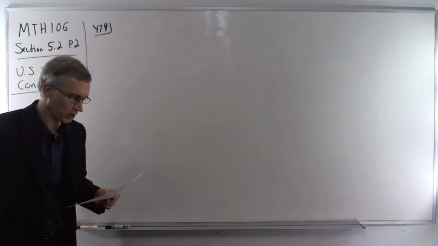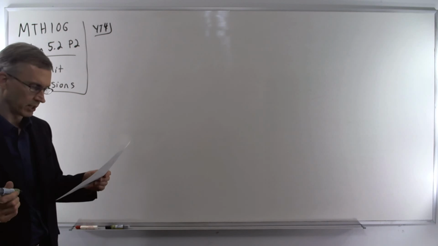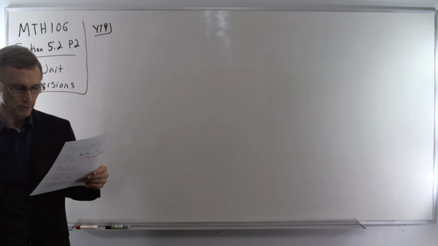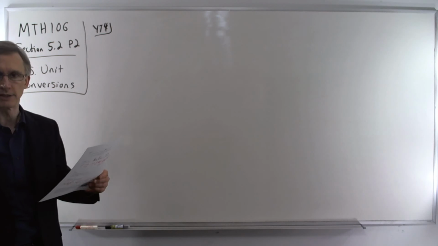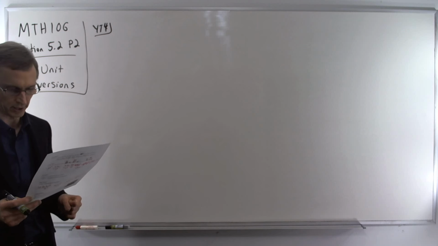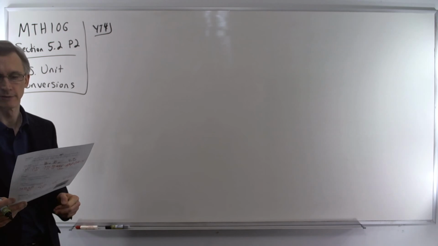All right, so let's identify starting quantity and the desired quantity. Starting quantity, size of the carpeted rooms, 1,200 square feet. And the desired quantity is dollars. How much is it going to cost? So we're going from square feet to dollars.